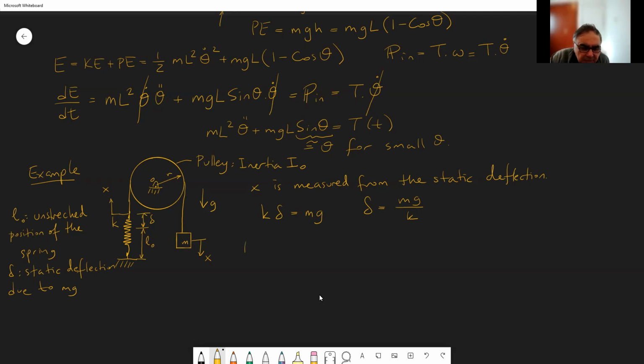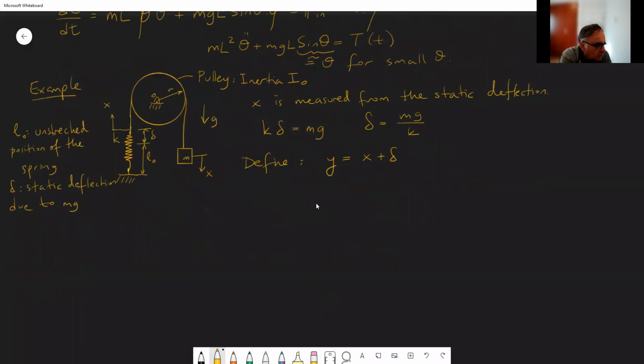Let me define the following. Actually x plus delta is y. So you might want to measure the y displacement without the static deflection. So this is the deflection of the spring and of the mass without the static deflection. So let's try to do it without the static deflections first.